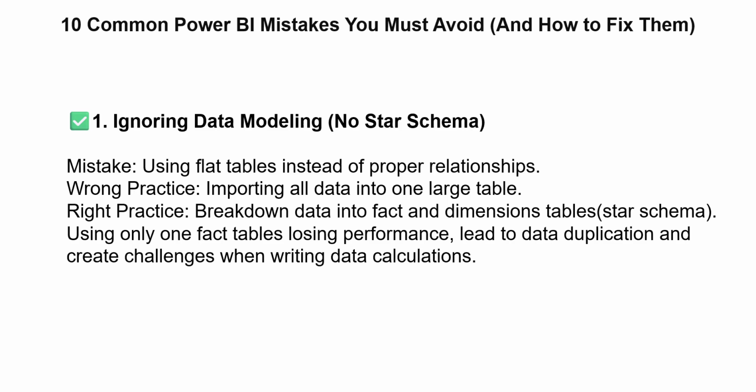The first mistake is using one fact table instead of proper relationships, importing all the data into one large table. The right practice is to break it down into fact and dimension tables to make a star schema and give one-to-many relationships. The fact table has the foreign key, and the dimension table has the primary key.